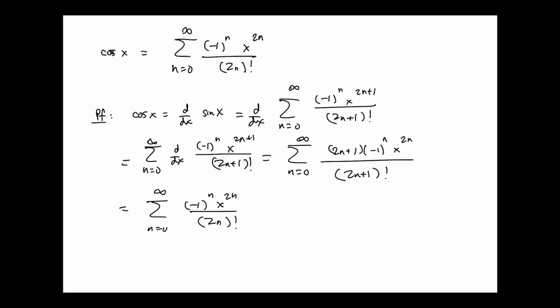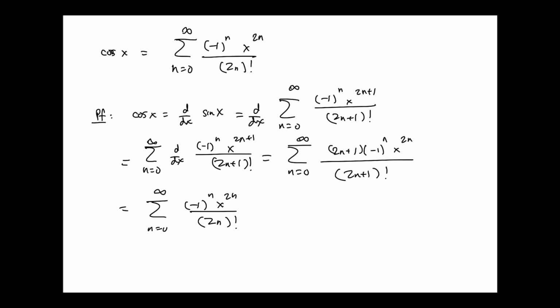Because the 2n plus 1 cancels with the 2n plus 1 that's in the 2n plus 1 factorial, leaving a 2n factorial in the denominator. And lo and behold, that's exactly the series that I claimed for cosine. Okay, does that make sense?